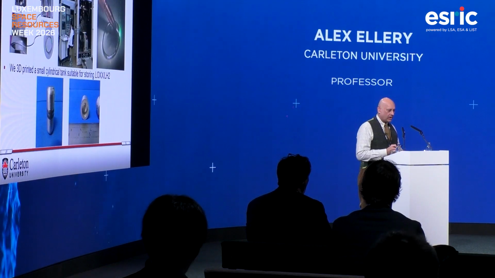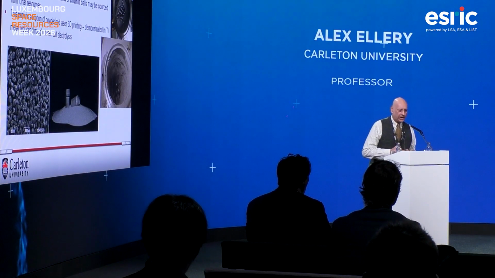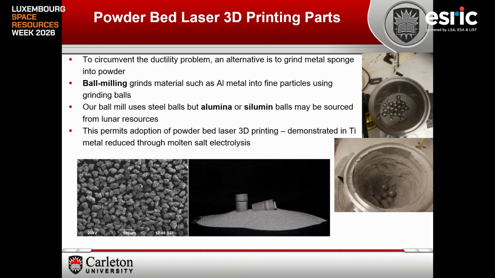However, what we intend to do is take our 95% pure aluminium and overcome the ductility problem by ball milling it into a powder and then utilizing laser sintering as our alternative 3D printing technique.